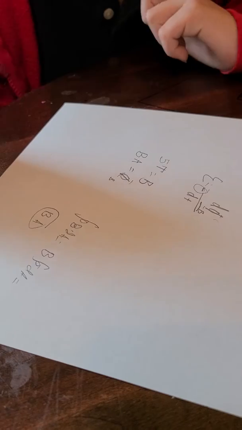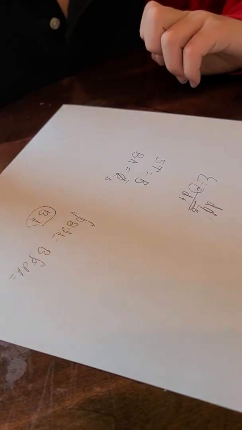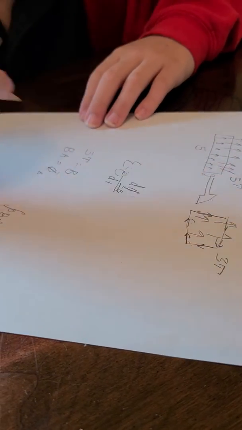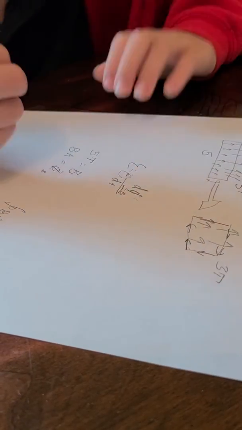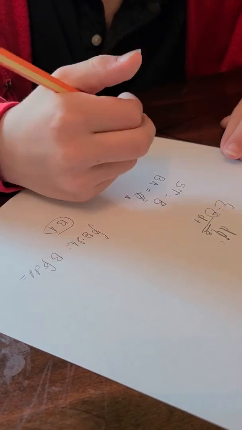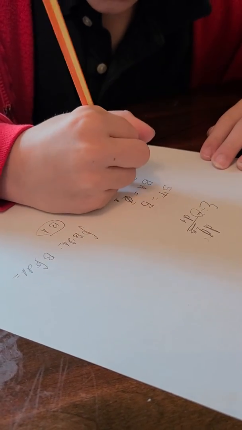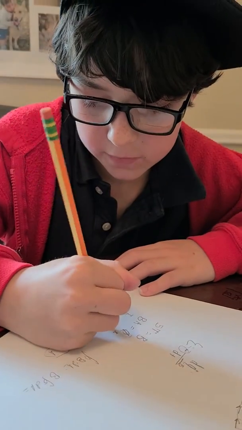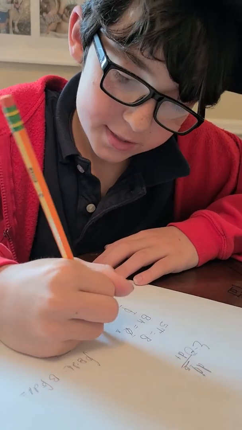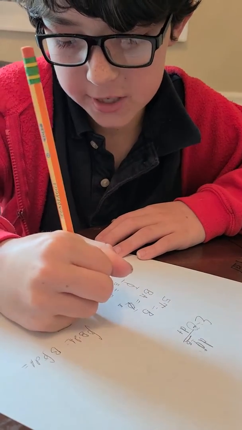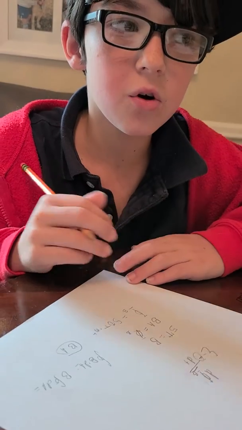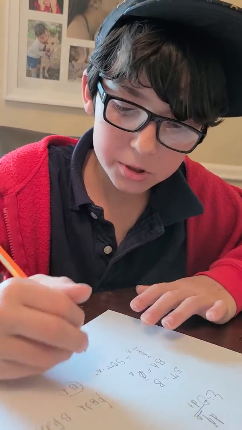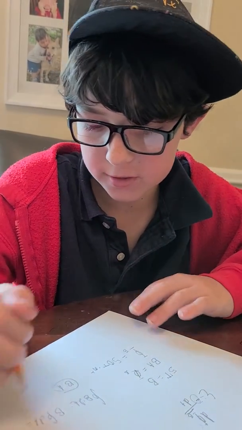Multiplying that by the area, we need the dimensions. Let's say this is 2 and this is 5. 10 times 5 is 50. The total is 50 Teslas times square meters. And a Tesla is Webers over square meters, so multiplying by square meters would just give us Webers.